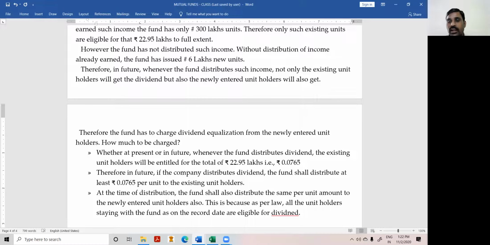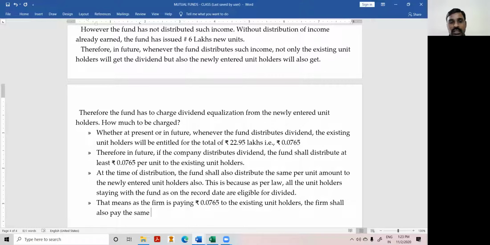So if the fund wants to distribute 0.0765 to the existing holders, the fund shall also distribute 0.0765 to the new unit holders. That means as the firm is paying rupees 0.0765 to the existing unit holders, the firm shall also pay the same amount to the new unit holders also.